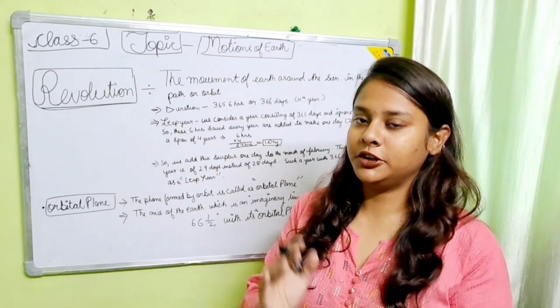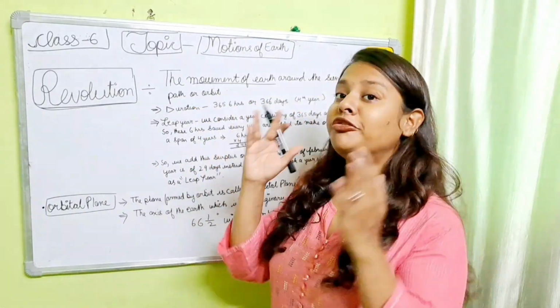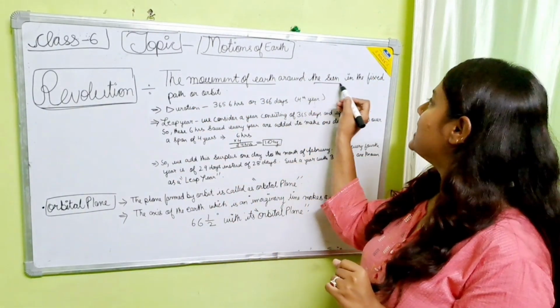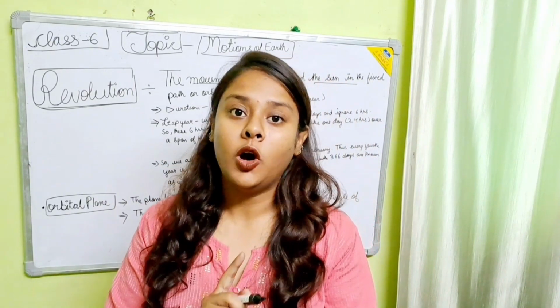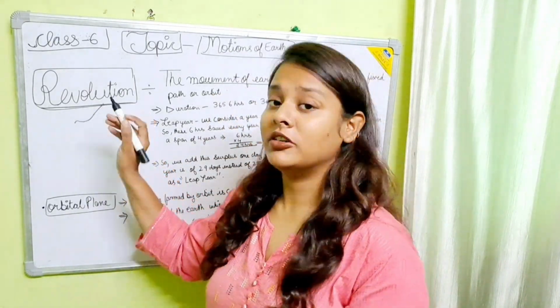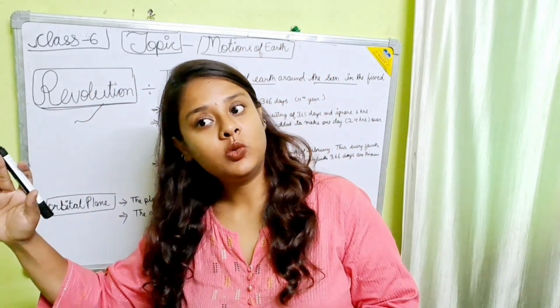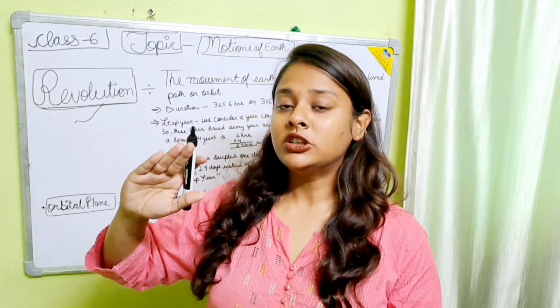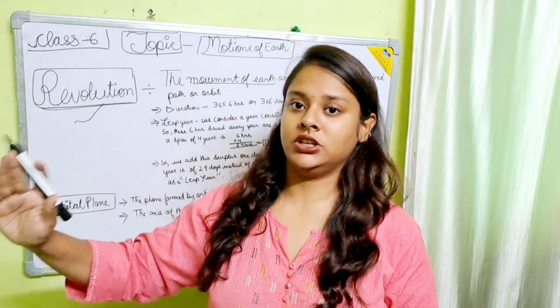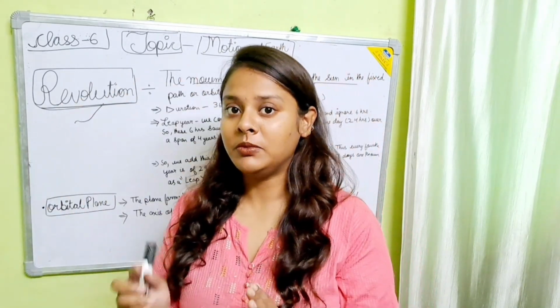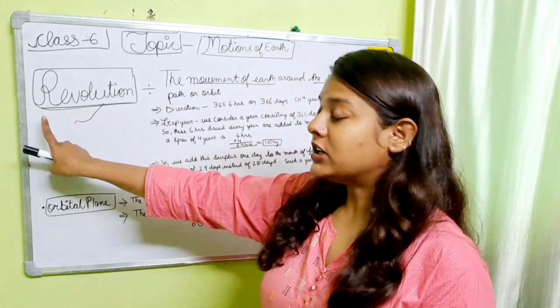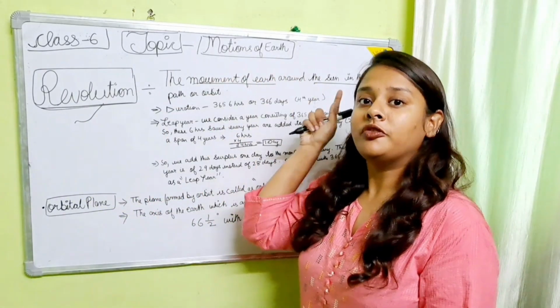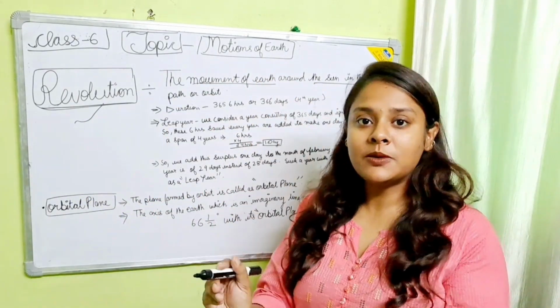Revolution. What is revolution? The movement of the Earth around the sun in a fixed path or orbit is regarded as revolution. We have studied what rotation is: the movement of the Earth on its axis, and the Earth takes 24 hours to complete one rotation. Whereas revolution is the movement of the Earth around the sun in a fixed path or orbit.